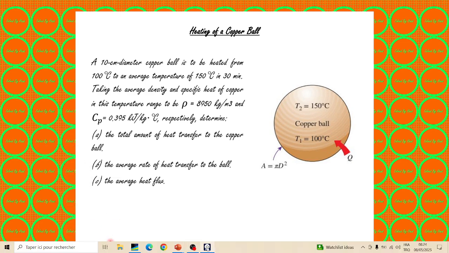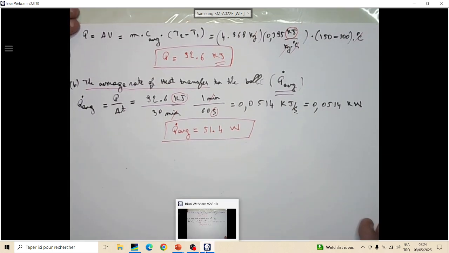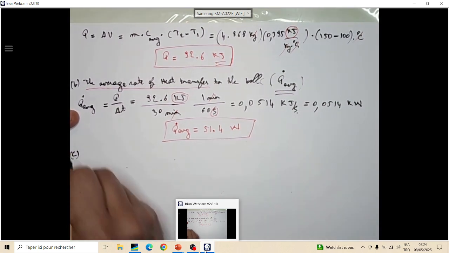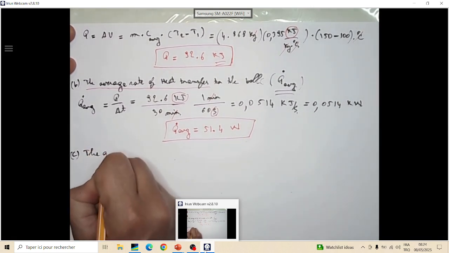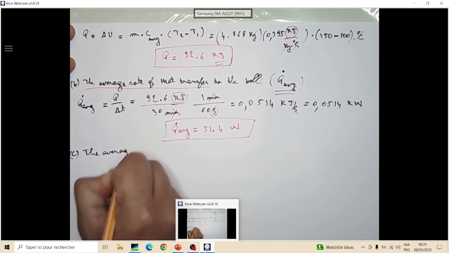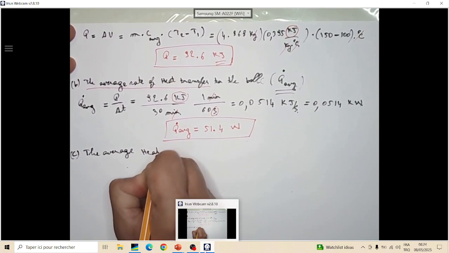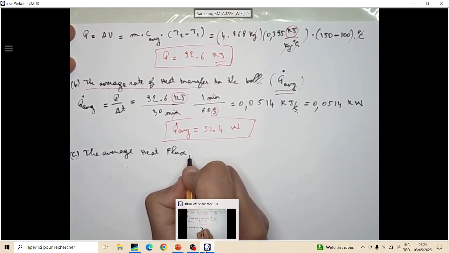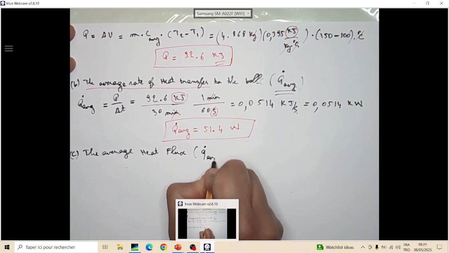I will go back to the paper and calculate the average heat flux, C, and we will give this the symbol small q dot average.